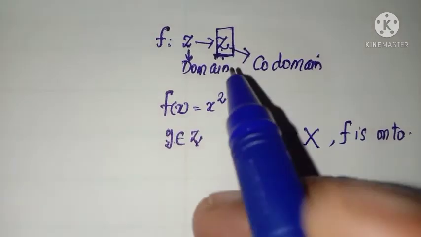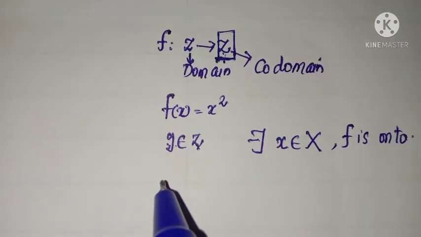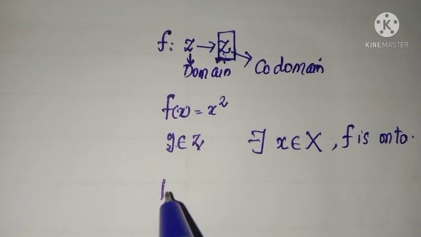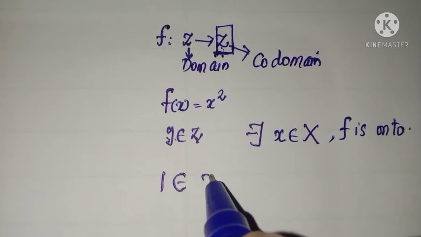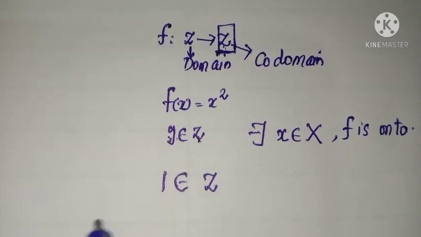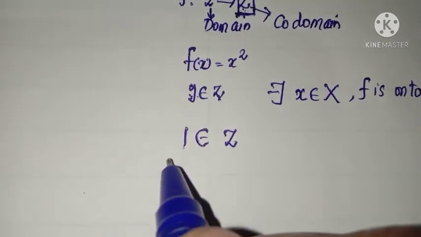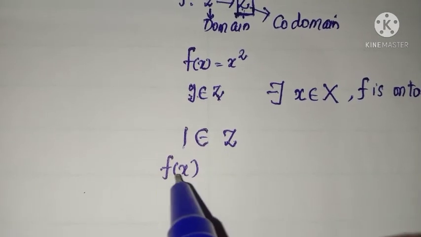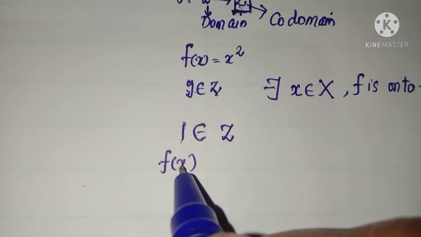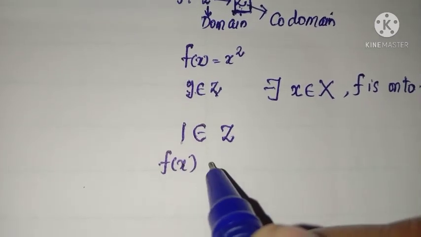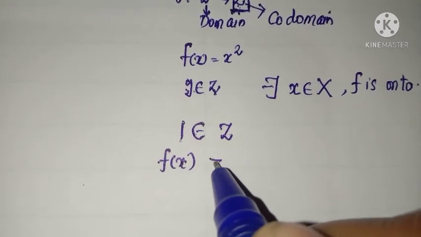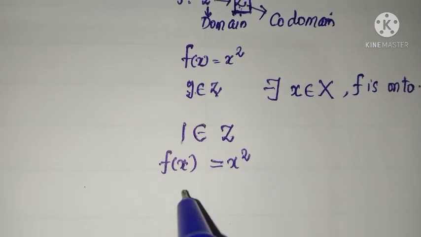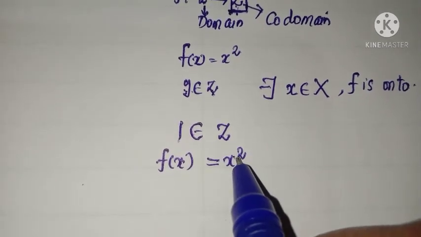For example, if we take an integer 1, this 1 belongs to our codomain, the second set Z. So this 1 is the image of an x element, and f of x is defined as x square.